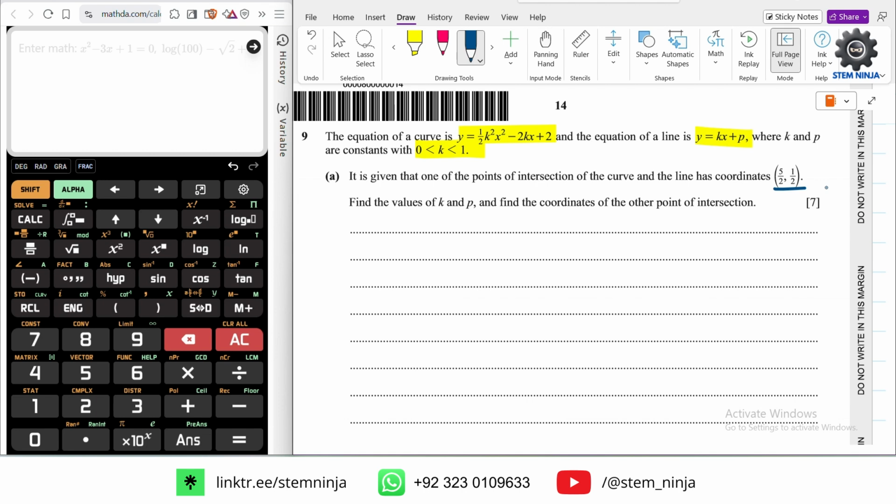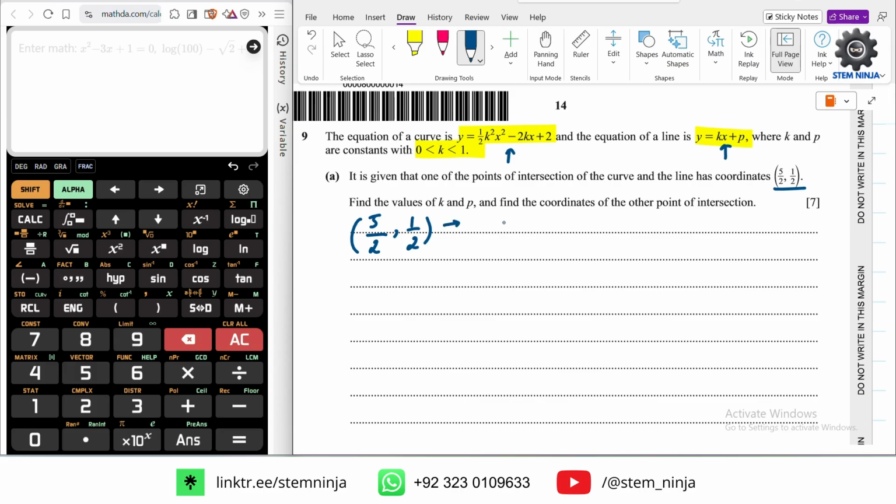So that means we can find k and p by plugging the point into this equation, because this only has k, while this has k and p. So first we need to find k and p. You have 5 over 2, 1 over 2.